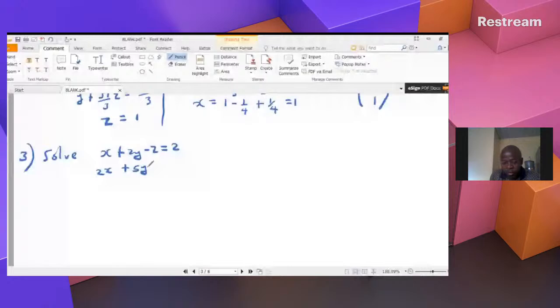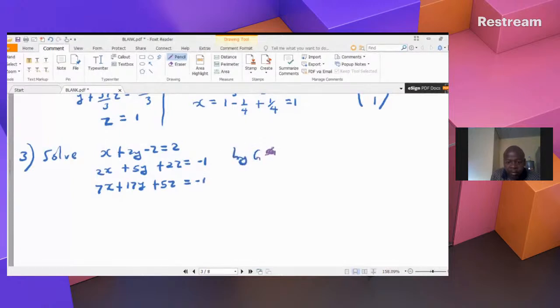That is 2x plus 5y plus 2z equals -1. And then we have 7x plus 17y plus 5z equals -1 by Gaussian elimination.